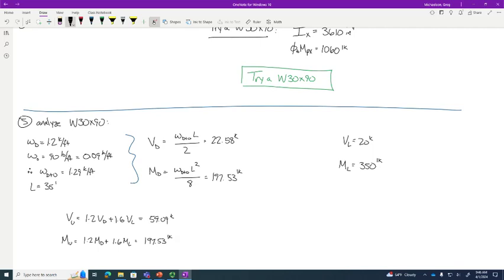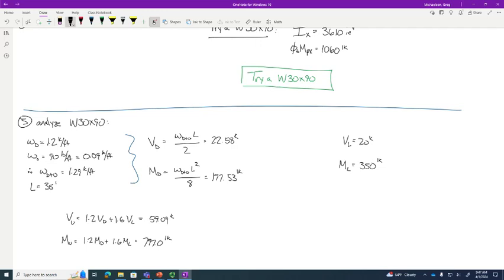Wait. Oh, I was writing down the wrong one. This is 797.0. Whoops. I was writing down the same one over again. This is 797.0. So a little bit bigger than what we assumed. A little bit. Not a lot, but enough that I do think it's worth a check.